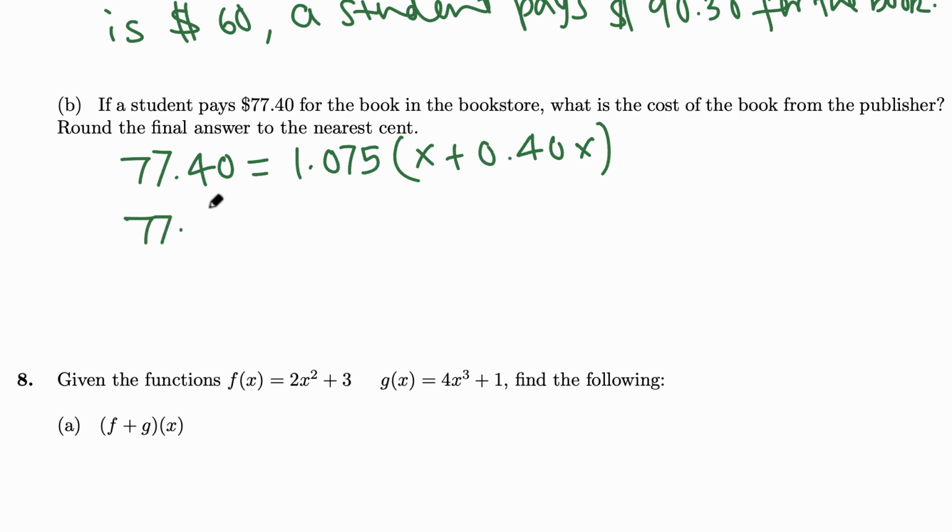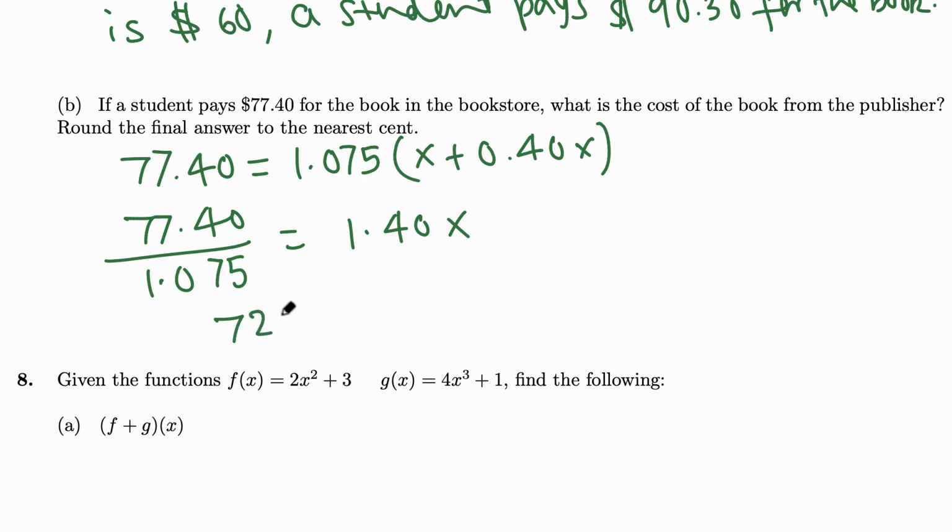So 77.40 divided by 1.075 equals, now we can add these two numbers inside, x plus 0.4x, so that's 1.40x. Using calculator, it gives you 72 equals 1.4x.